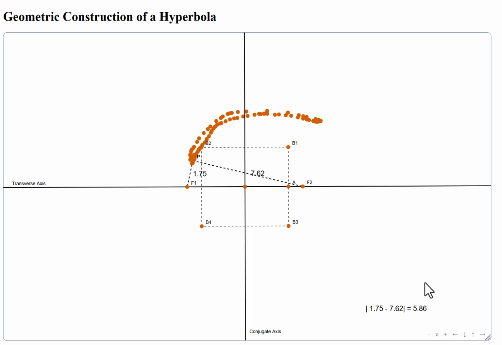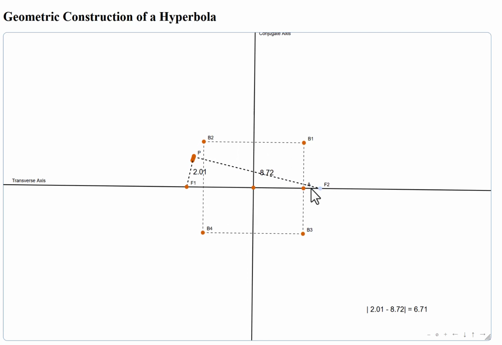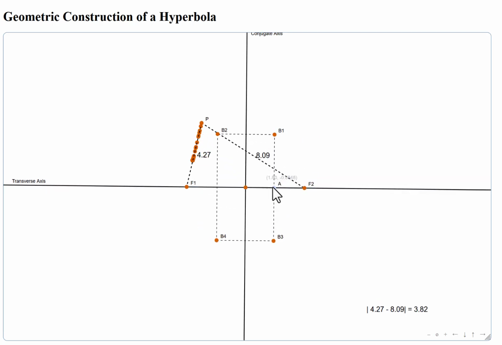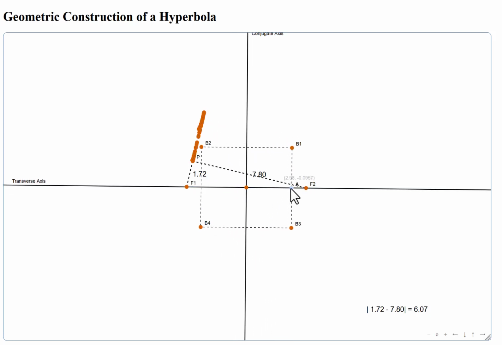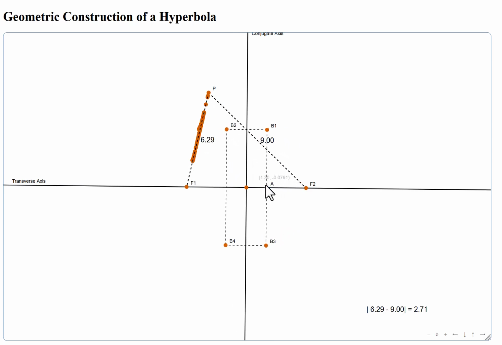So anyhow, to give you an idea how this works, we can change the location of these focal points. We can change the location of A, but B is dependent upon what we choose for the focal points and A. All right, let's set it like that.